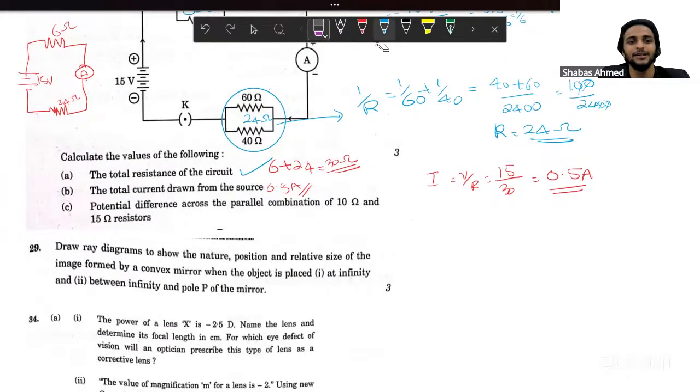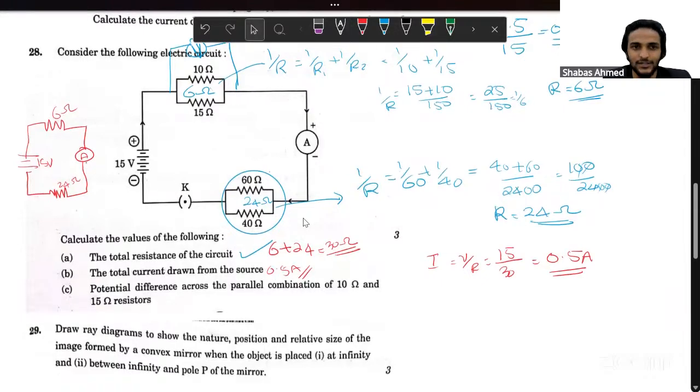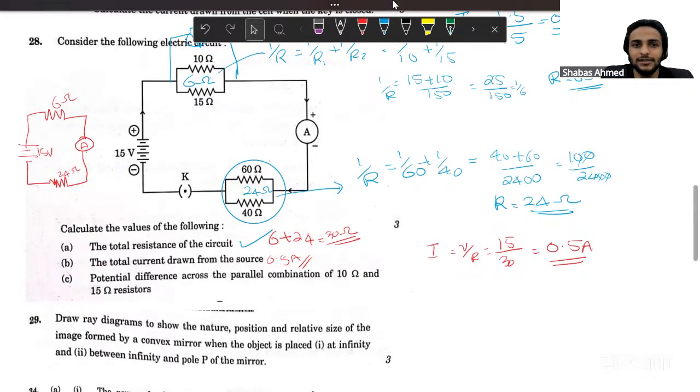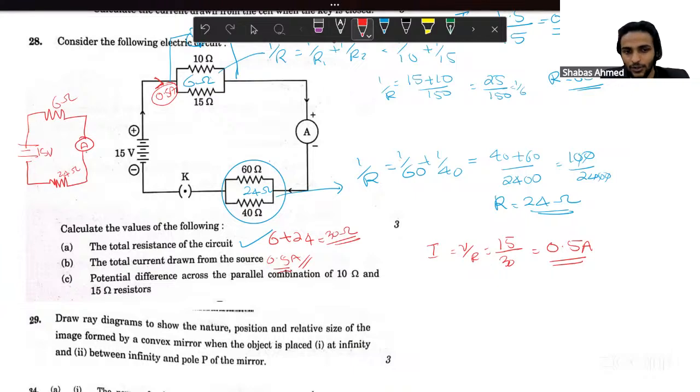Be calm. So if I connect a voltmeter across it, what will be the potential across that? Since this wing and this wing are in series, I can say the total current entering this wing is what we already found, 0.5 ampere. So the total voltage for this one, we know V is equal to IR.